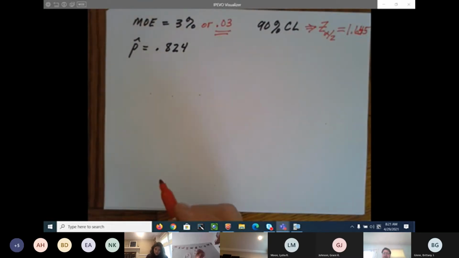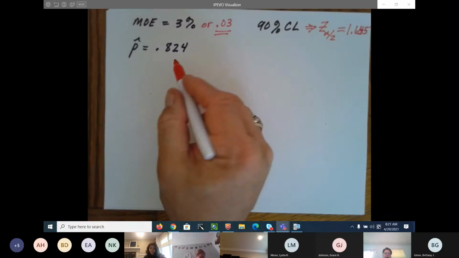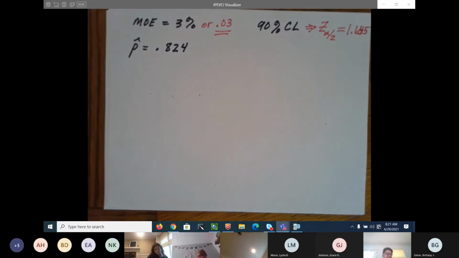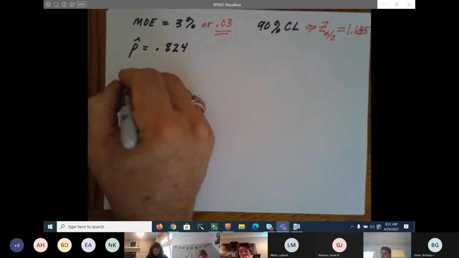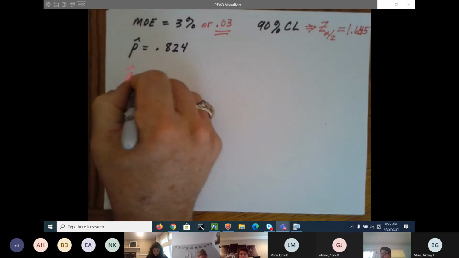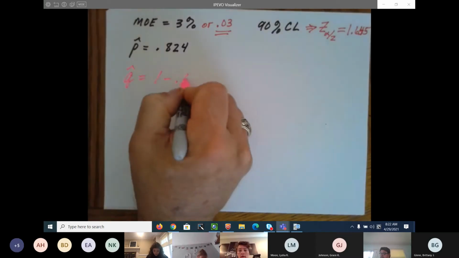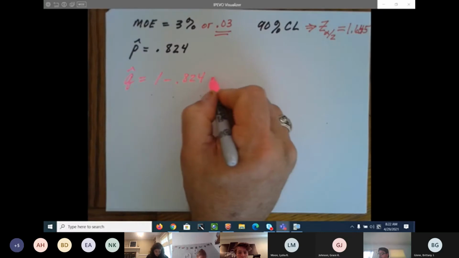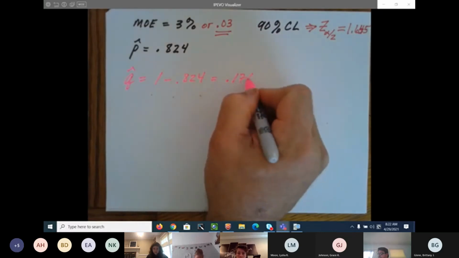I think it's because the 90% is between two of the areas on the table, and that's why they put the 5 there. Okay? And if p hat is equal to 0.824, what is q hat? What is q hat? Is it 0.176? I'm going to take your word for it.